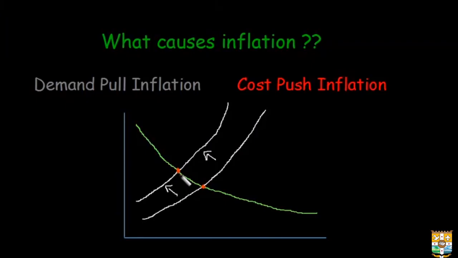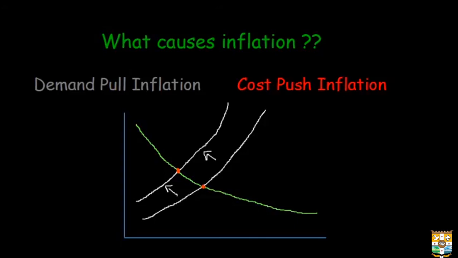Anything which shifts the supply curve upwards, causing prices to go up, such an inflation is called cost push inflation. So essentially inflation is caused either by an increase in demand or by a decrease in supply. These are the two main reasons why you could have inflation.